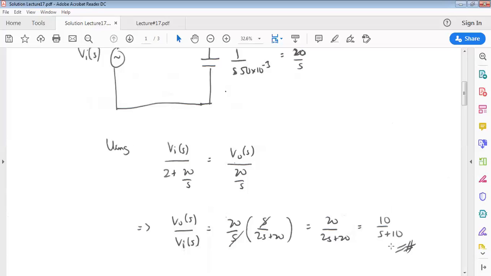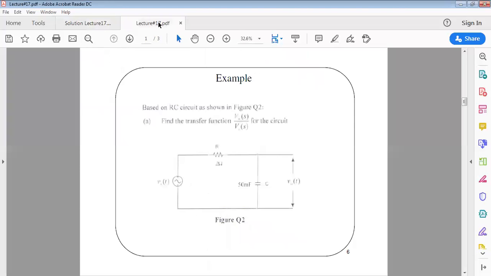That is the main task of lecture 17: you get the circuit, you obtain the transfer function, from the transfer function you sketch the Bode diagram, and from the Bode diagram you can then determine the filter type.